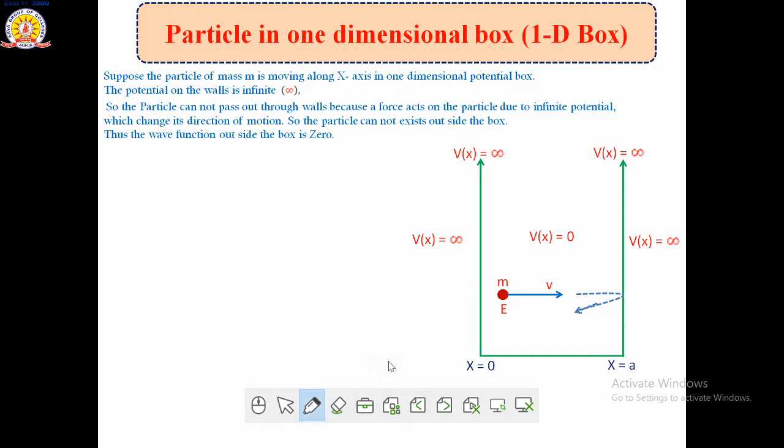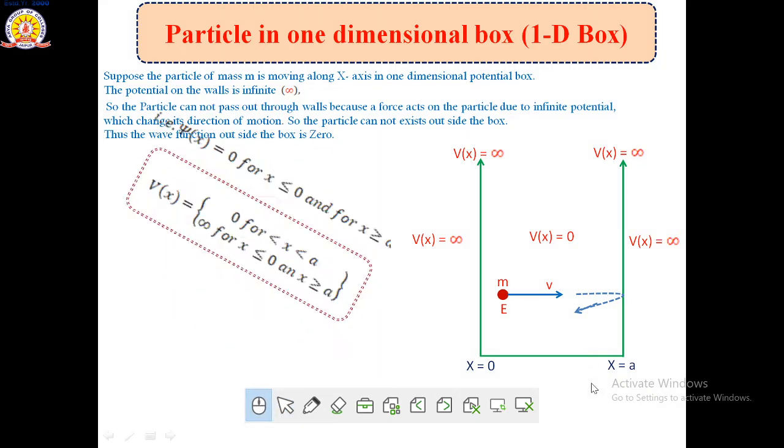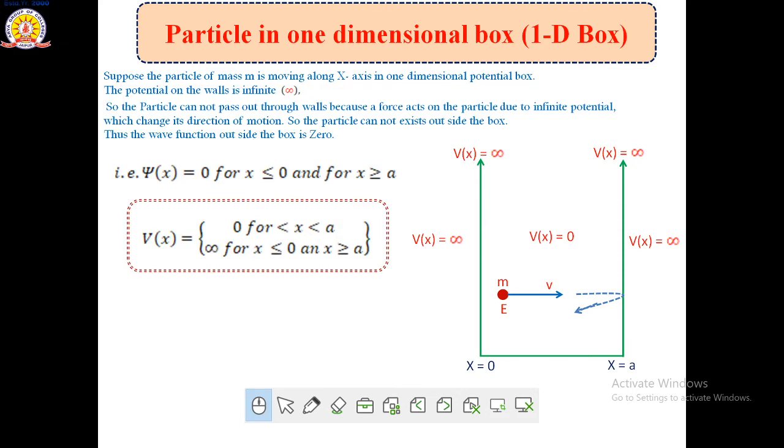So the potential energy we can take like this. Within the box the potential energy is 0 for x between 0 and small a, the width of the 1D box.